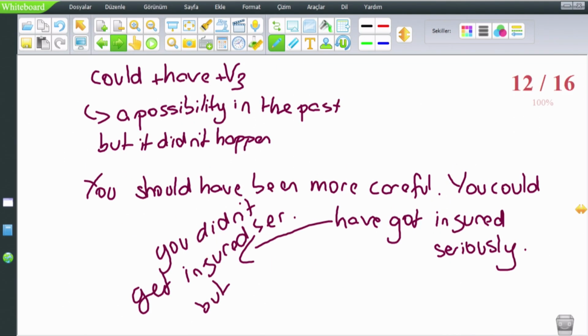Then we talked about could have verb 3, which represents ability or possibility in the past, but we know the result and it didn't happen the way that we have expressed. You should have been more careful. You could have got injured seriously.